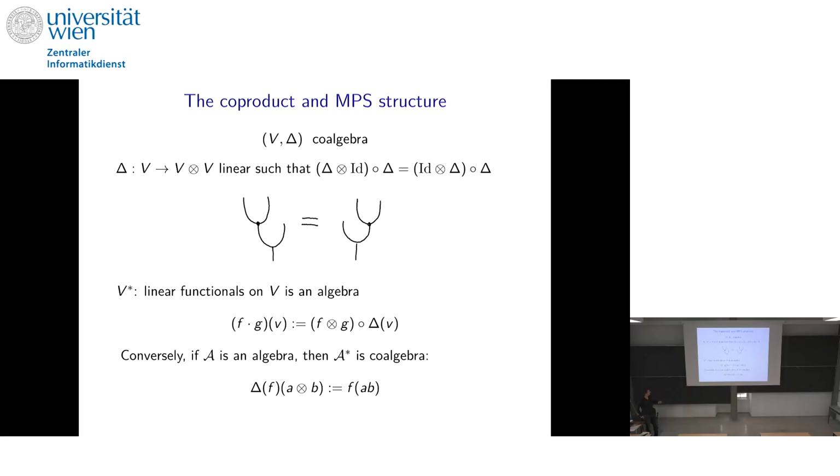Remember that the coproduct maps from the linear functional space to the tensor product linear functional space, so it acts on two algebra elements. And by definition, it's just the original linear functional acting on the product of the two elements. Again, one can check that the associativity of the product of the algebra is equivalent to associativity of this coproduct that I have just defined.